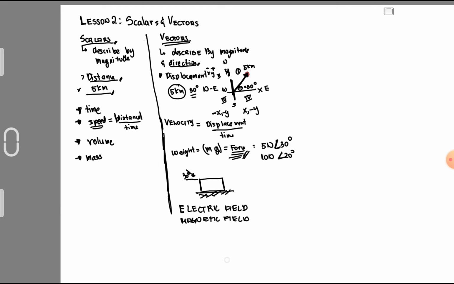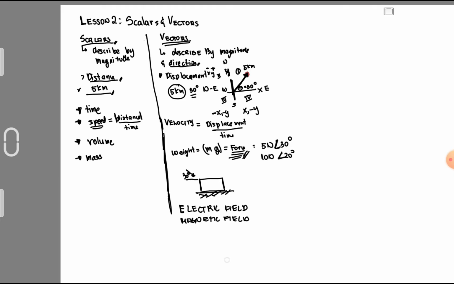From time to time, not all quantities in physics will be scalar. There will also be vector quantities, especially in problems that involve forces, displacements, and anything that needs direction. Scalar quantities can be added just like normal addition.